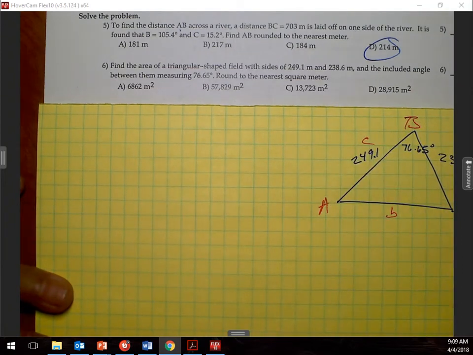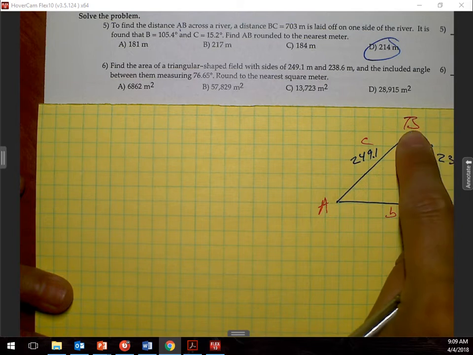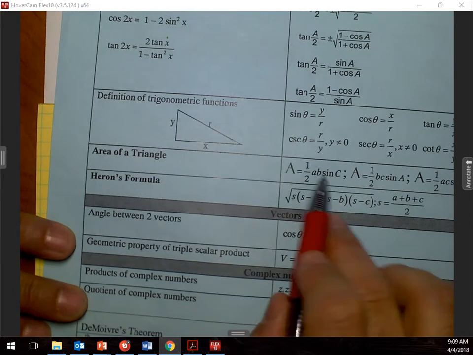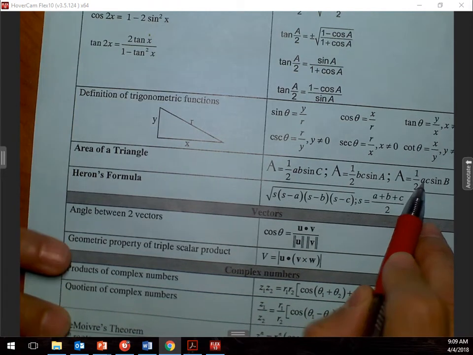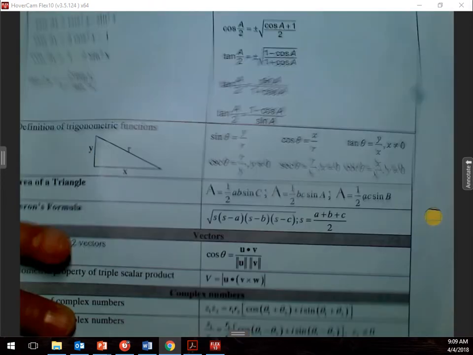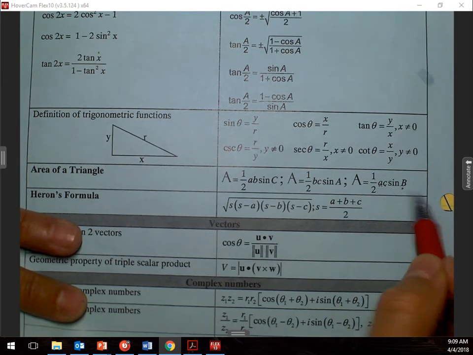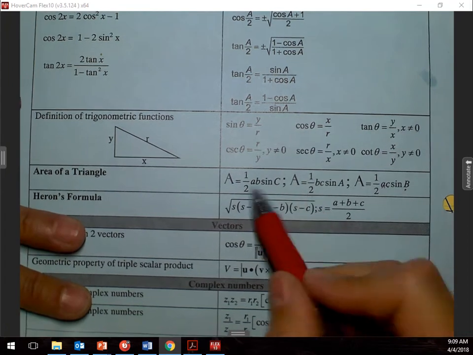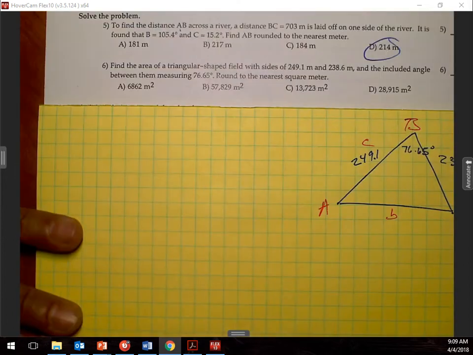So from my formula, I have little a, big B, and little c. That's going to be this formula here. If you labeled your triangle differently, you're going to use one of these other ones. You just need the letters for the formula, so you add your own letters.